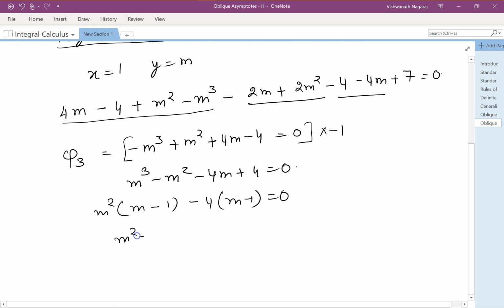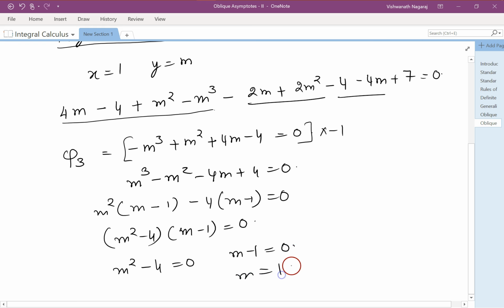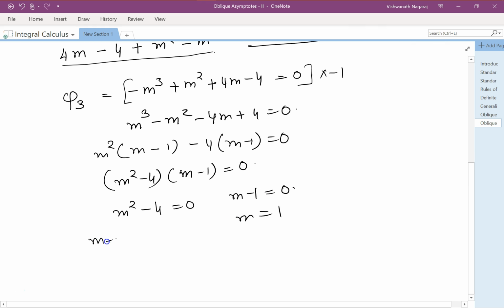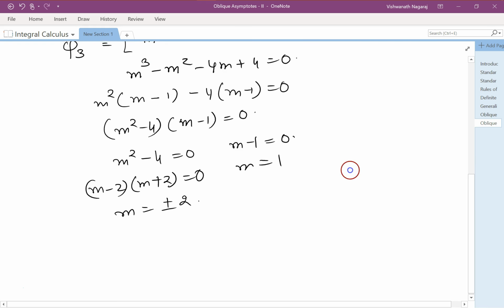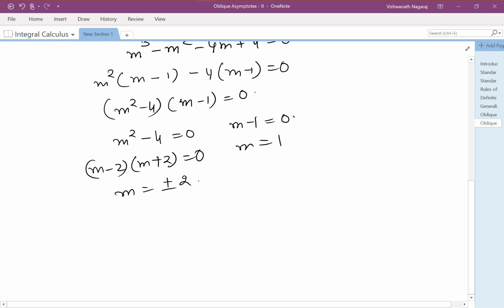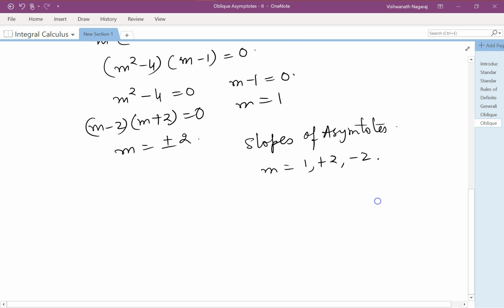So which means (m² − 4)(m − 1) = 0. m² − 4 = 0, or m − 1 = 0, m equal to 1. Now here (m − 2)(m + 2) = 0. So m equal to plus or minus 2. So these are the roots, or the slopes of the asymptotes: 1, 2, −2. Okay, now we have the slopes.